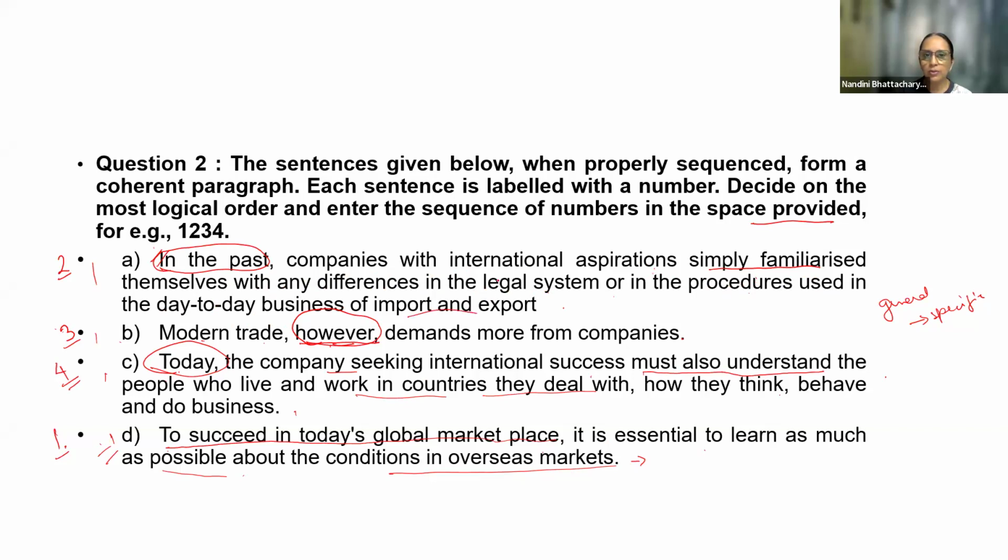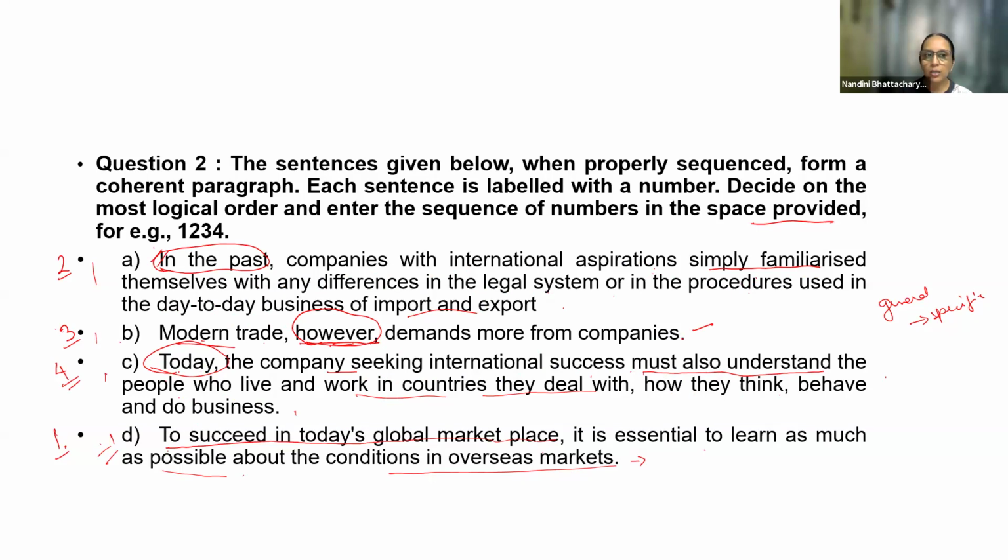So they were concerned with only import and export. Modern trade, however, demands more from companies. Today, the companies seeking international success must also understand the people who live and work in countries they deal with, how they think, behave, and do business.